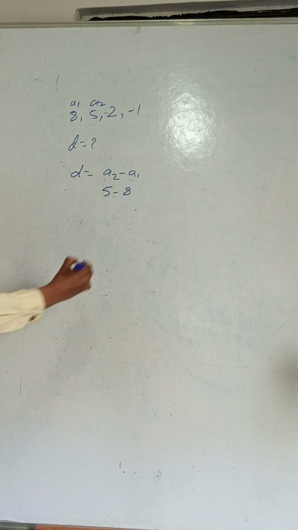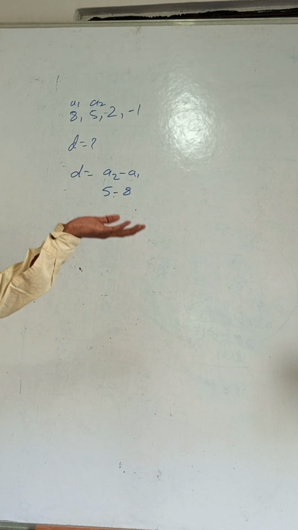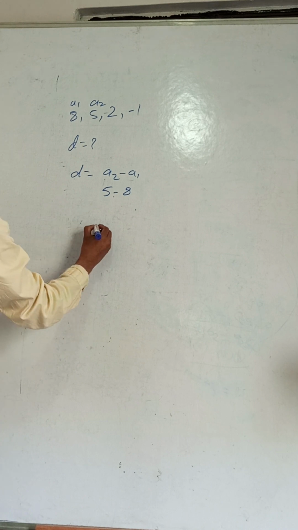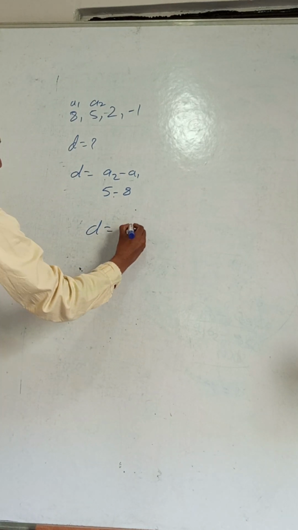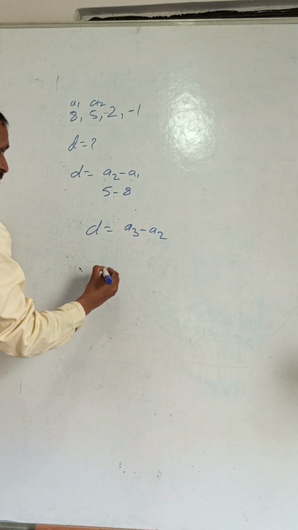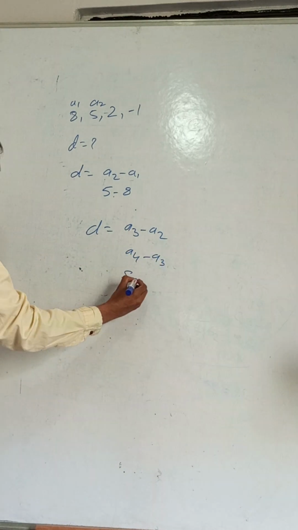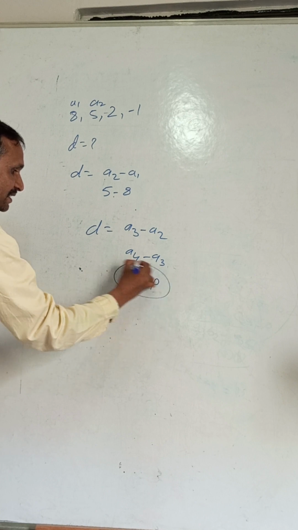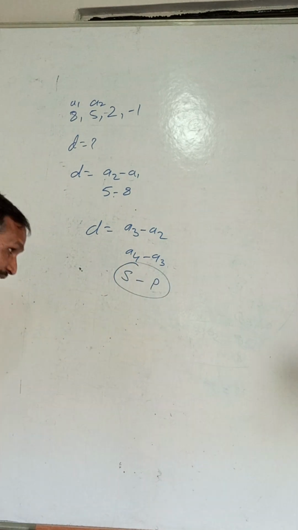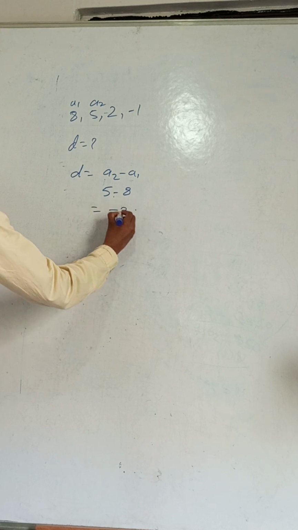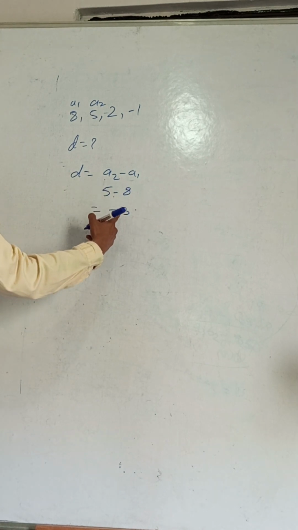Otherwise, D means the successor term minus the predecessor term. It can also be written as D equal to a3 minus a2, or a4 minus a3, that is, successor term minus predecessor term. So here if we do the subtraction, 5 minus 8 is equal to minus 3.